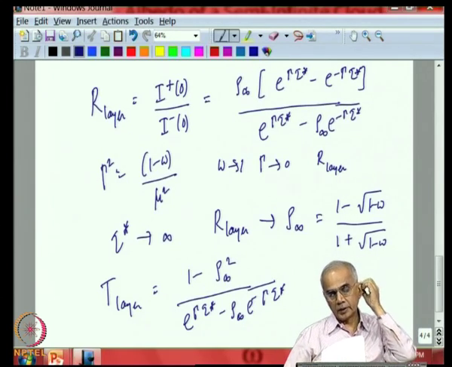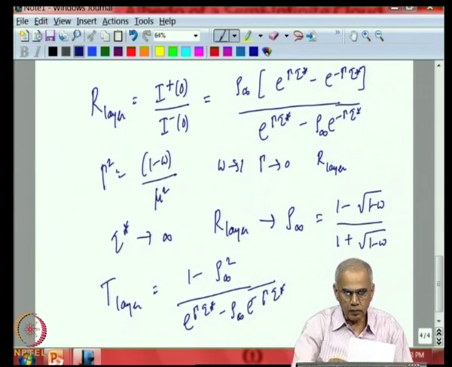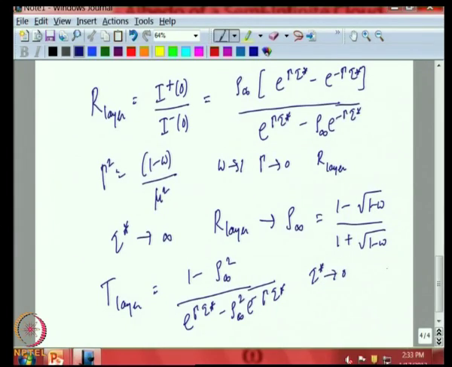Again, you see here in the limit as tau star becomes very large, then the transmittance goes to 0. That is not surprising. But when tau star tends to 0, then you have an interesting issue, which is that the layer transmittance will tend to 1.